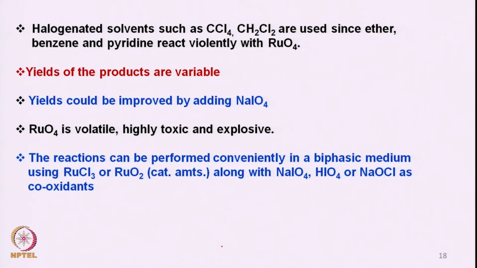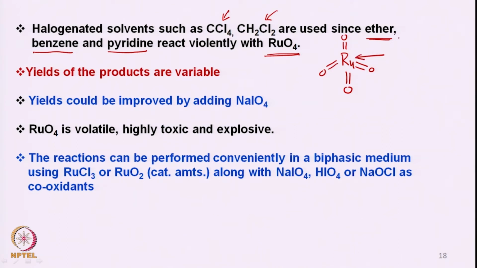Halogenated solvents such as CCl4 and dichloromethane are used because ether, benzene and pyridine react very violently with the ruthenium tetroxide. If one sees the structure of ruthenium tetroxide, then you have 4 oxygens attached to the ruthenium, and therefore the ruthenium here is highly electrophilic.